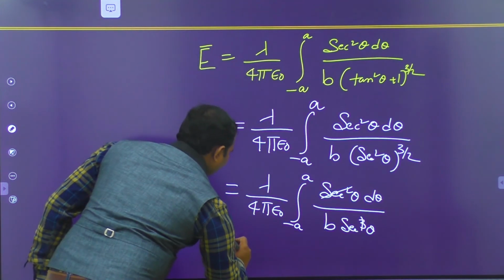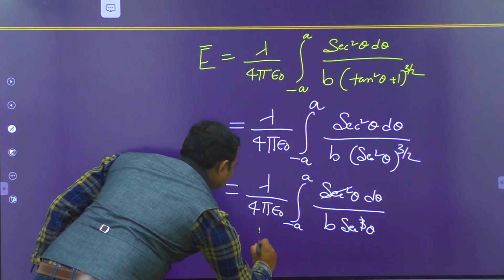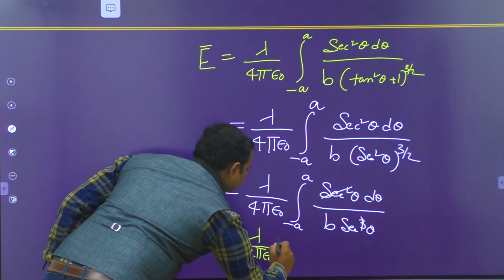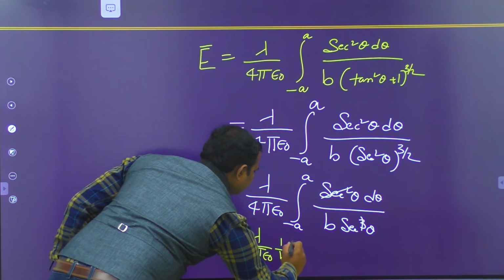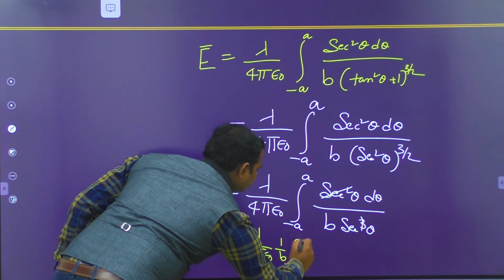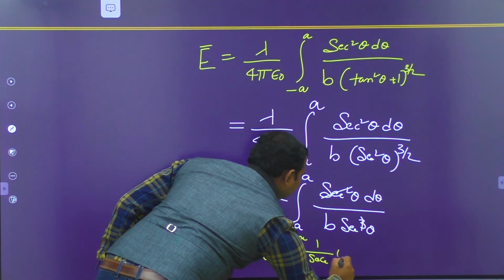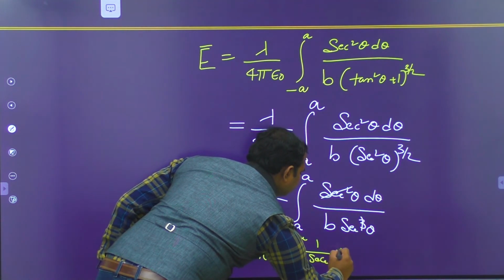So here we can write, which is equal to lambda by 4 pi epsilon naught into 1 by b, integration from minus a to plus a of 1 by secant theta d theta.